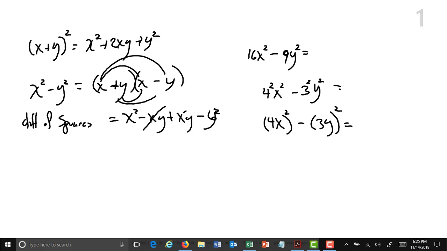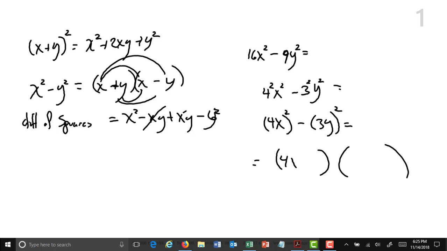I just put it so that I have this glob, this left fist raised to the second power and my right fist raised to the second power. Well, that looks a lot like this, x squared minus y squared. Except right now, x squared would be this whole thing and y squared would be all this.